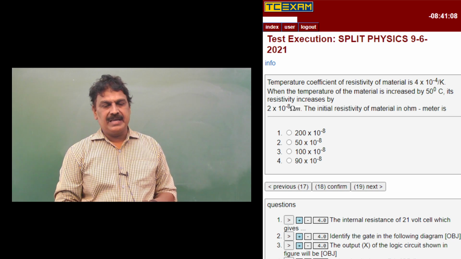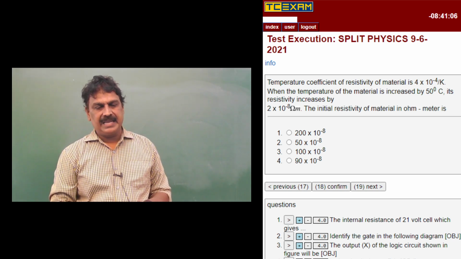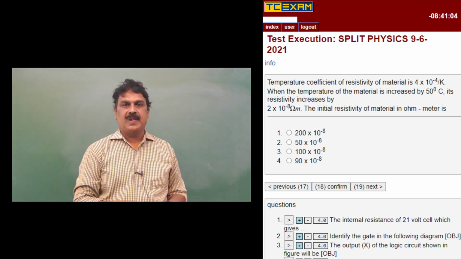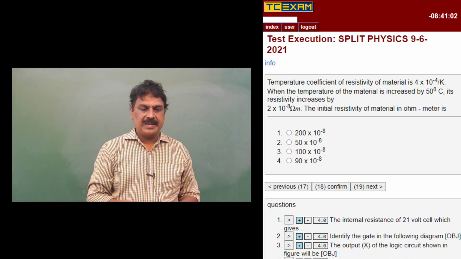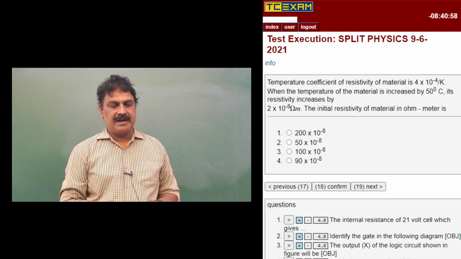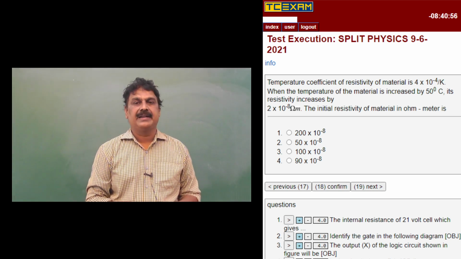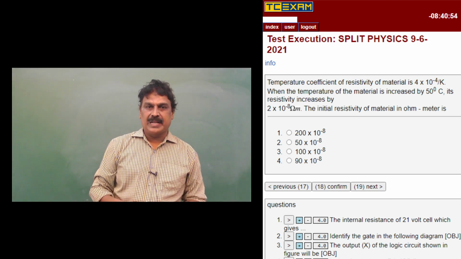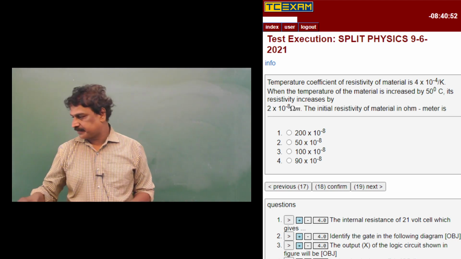The initial resistivity of the material in ohm meter is: options 200 into 10 power minus 8, 50 into 10 power minus 8, 100 into 10 power minus 8, and 90 into 10 power minus 8.